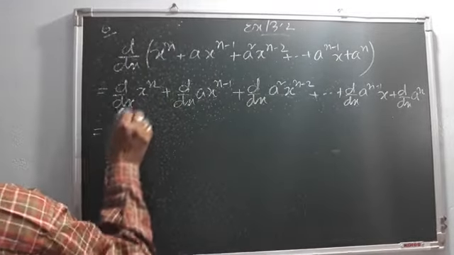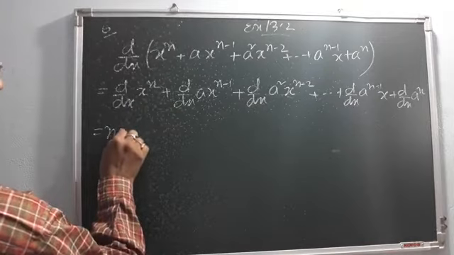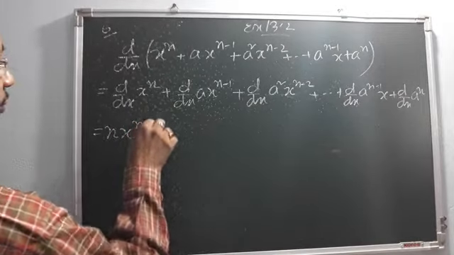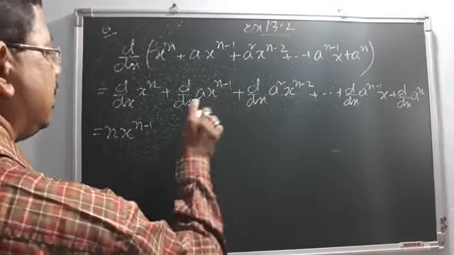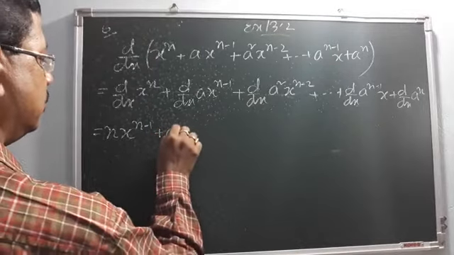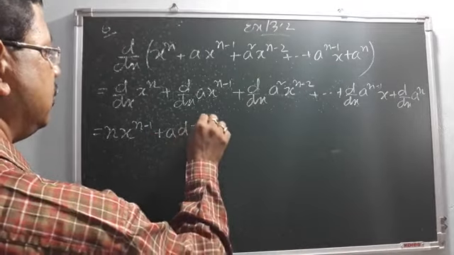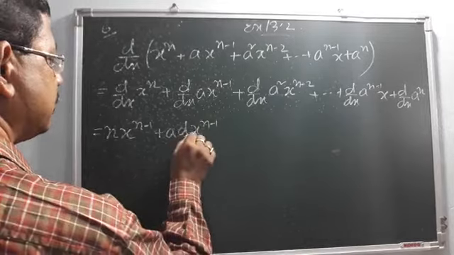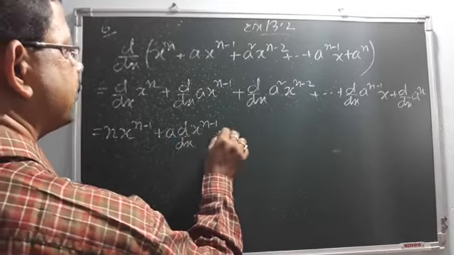One formula is there: n x to the power n minus 1. Here a is constant, it will come out, and it will be d dx of x to the power n minus 1 with respect to x.